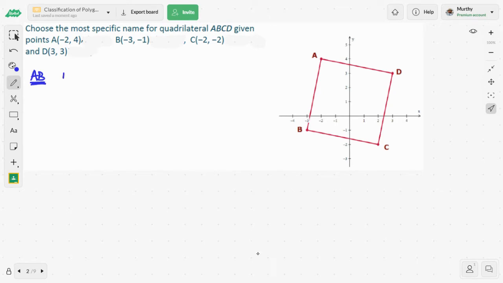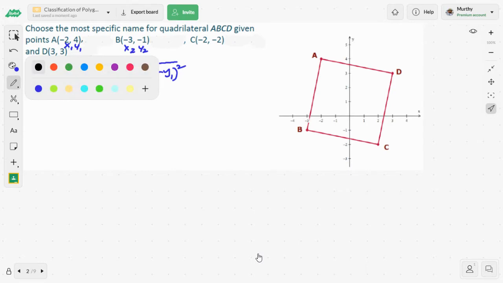Okay, the distance formula, you know, is the square root of x2 subtract x1 whole square plus y2 subtract y1 whole square. Now if I'm taking AB, let me take point A as x1, y1 and the second one as x2, y2.